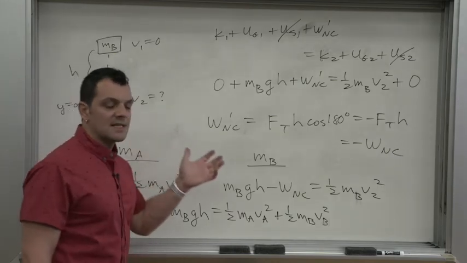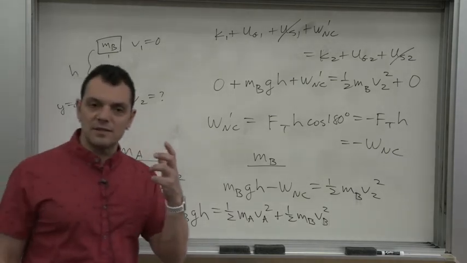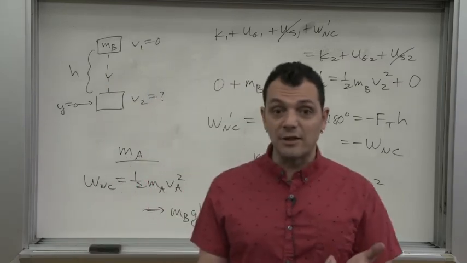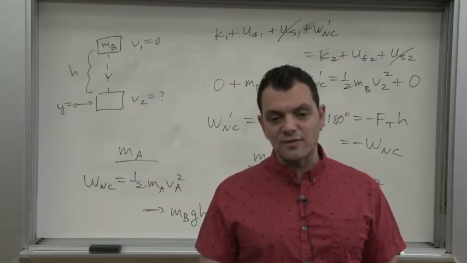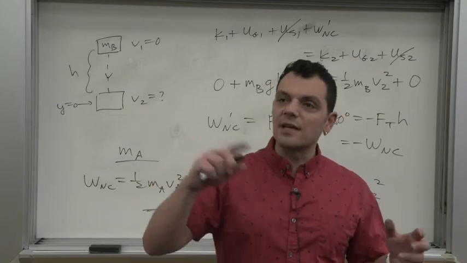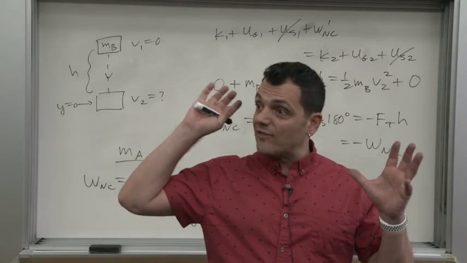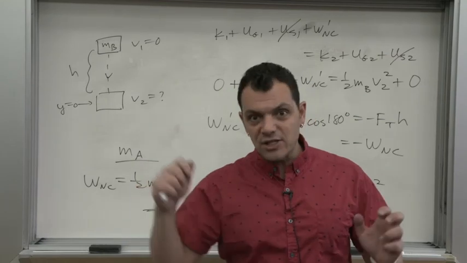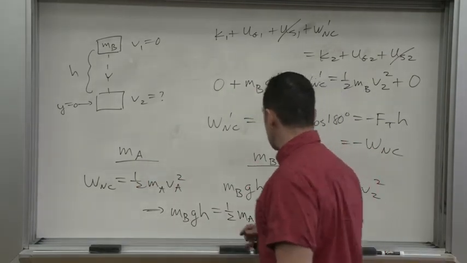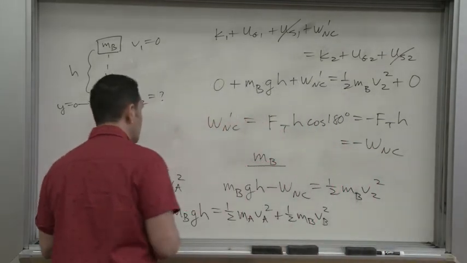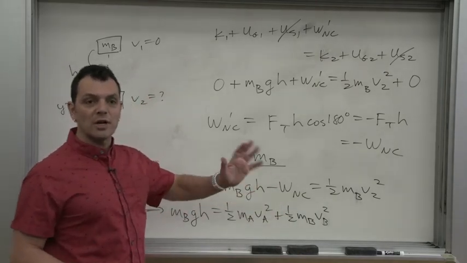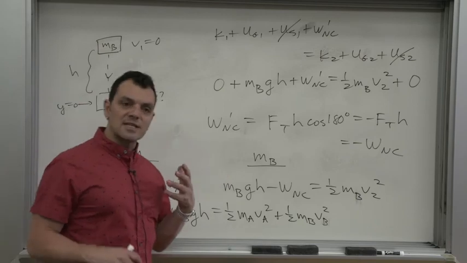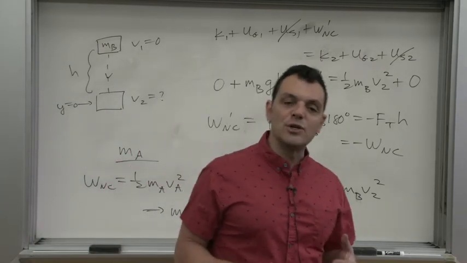So to summarize, even though MA's mechanical energy is not conserved separately, and MB's mechanical energy is not conserved separately, the total mechanical energy of MA and MB is conserved. So that's what's happening here. This is the total mechanical energy before and the total mechanical energy afterwards. Work non-conservative cancels out. So this is an interesting, useful property.